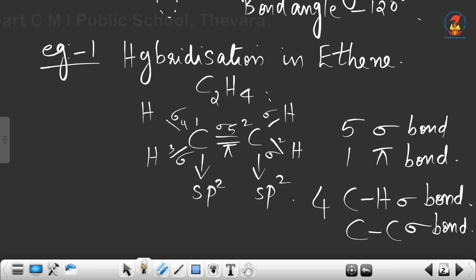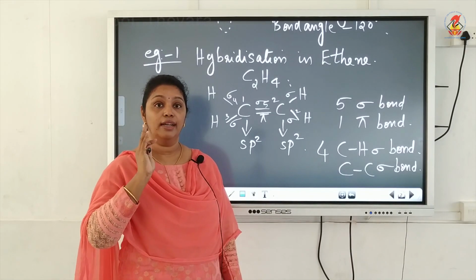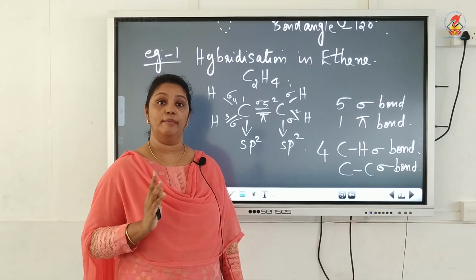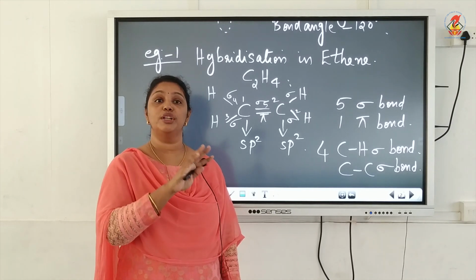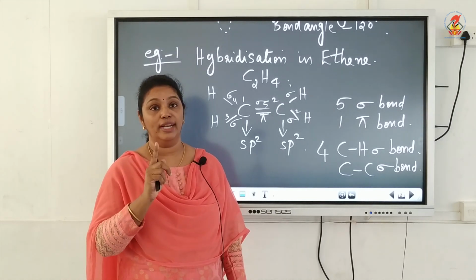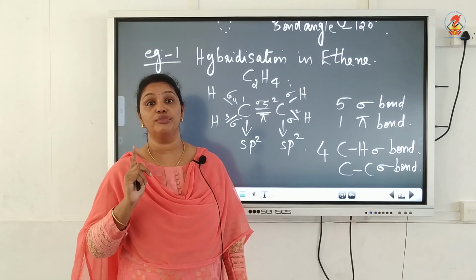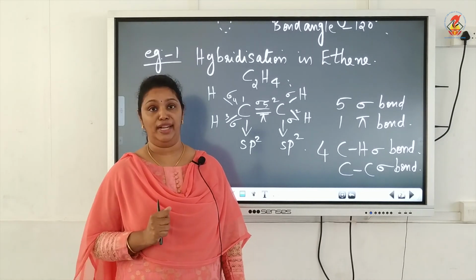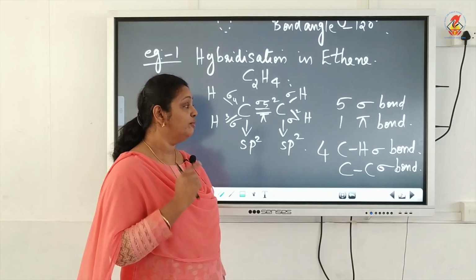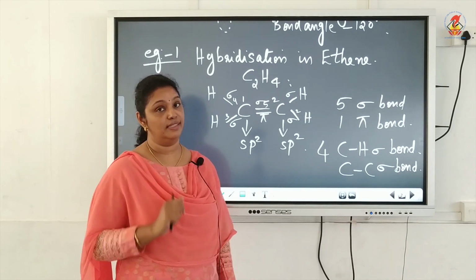So out of 3 hybrid orbitals on each carbon, 2 are used for forming sigma bonds with hydrogen and 1 is used to form a sigma bond with the other carbon atom. So we have a total of 4 C-H sigma bonds and 1 C-C sigma bond.